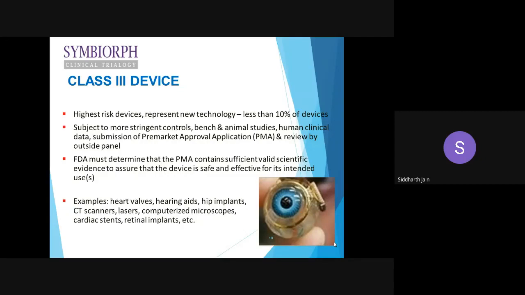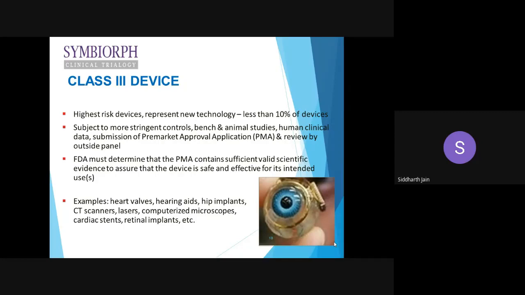Some examples of typical class 3 products include heart valves, hearing aids, hip implants, CT scanners, and lasers. These are a few of the higher risk devices for which this is typically required. Typically, the timeline for getting PMA approval from the US FDA is around 2 years.